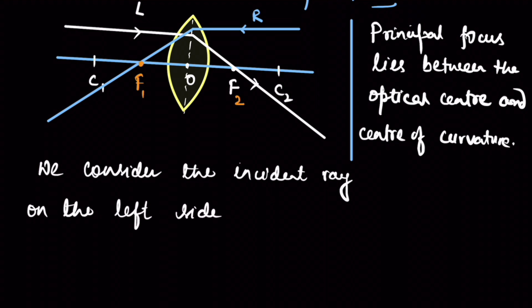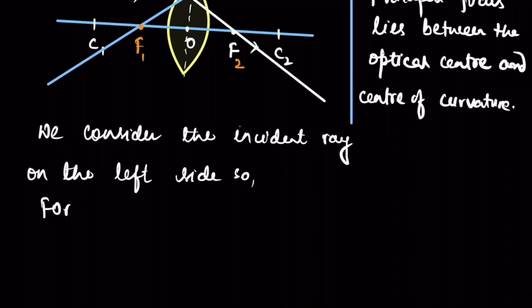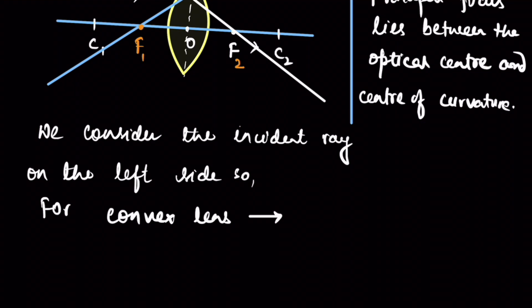So for convex lens, the principal focus is considered f2.